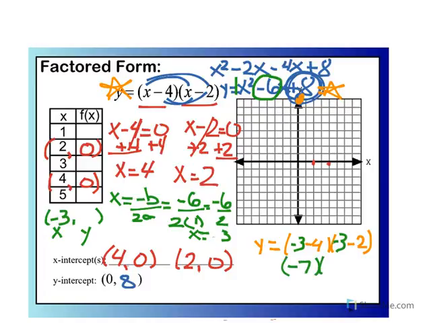Negative 3 minus 2 is negative 5. When I multiply those, my y-intercept occurs at positive 35. Excuse me, that is not our y-intercept. That is the y-coordinate of our vertex. I apologize for the vocabulary there. So there we go, the vertex is at (negative 3, positive 35).